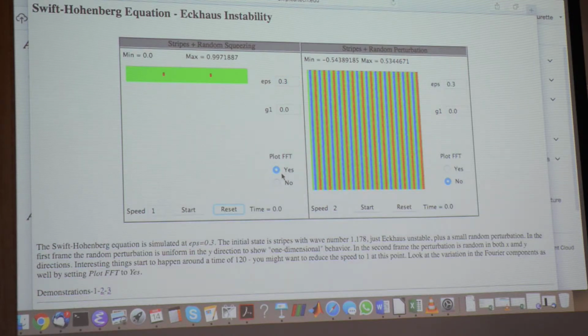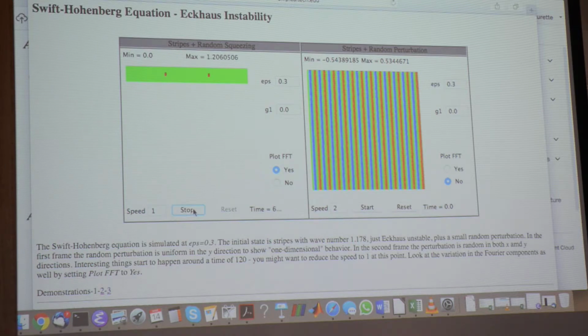In Fourier transform space, we're going to look at the transition. So we see it's got its perfect rolls, that's fine, but they have the wrong wave number. You're going to see that in just a second. There, it jumped. I guess I should make the speed less. Maybe this was all done at a time when computers were so much slower that you could see something happen. Let's start it again. Watch those wave numbers.